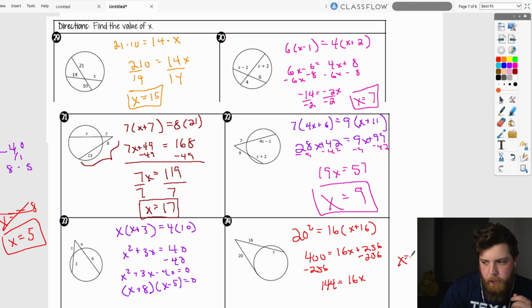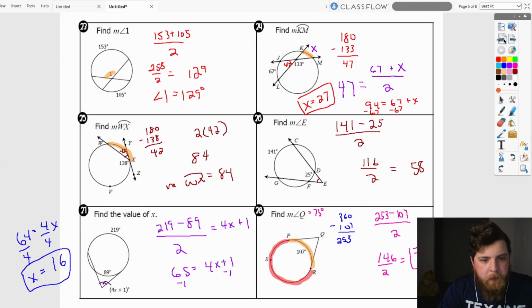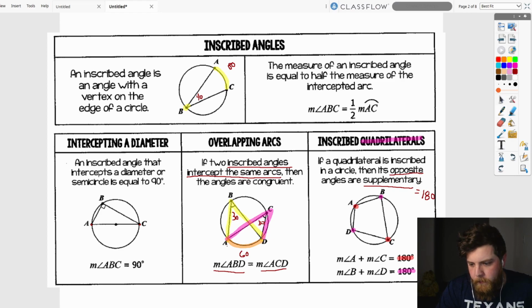Therefore, x would be equal to 9. Okay. Other than that, that covers everything for the rest of the properties. Okay, I can switch back over to this. Okay, that covers the rest of the properties.